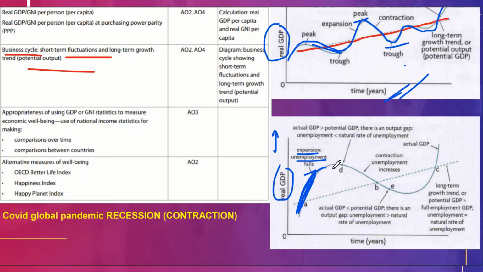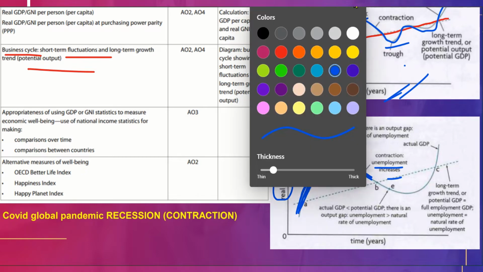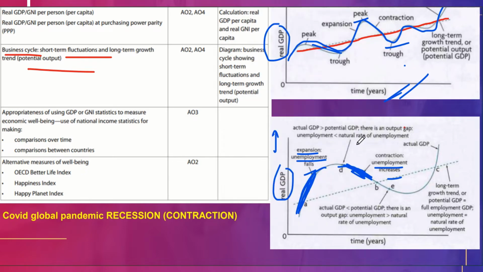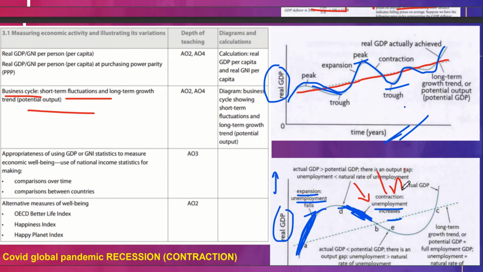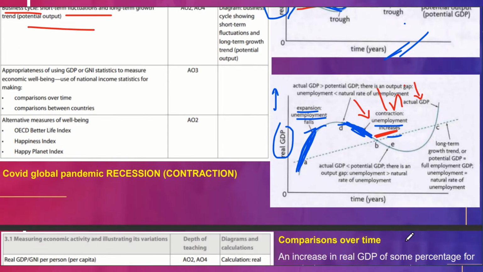And if there is a decreasing portion, this is said to be a contraction in real GDP, which means real GDP is falling and unemployment is increasing. Why? Real GDP falling means income is falling, which means aggregate demand is falling, which causes a fall in investment, and that means a fall in output, so unemployment increases.